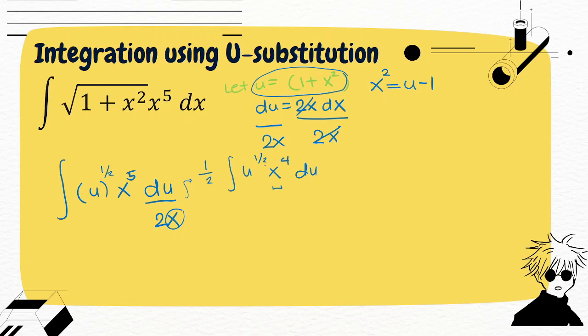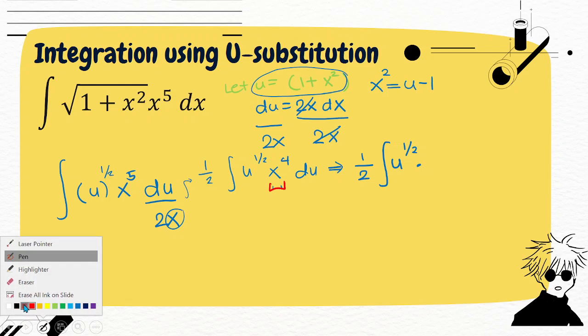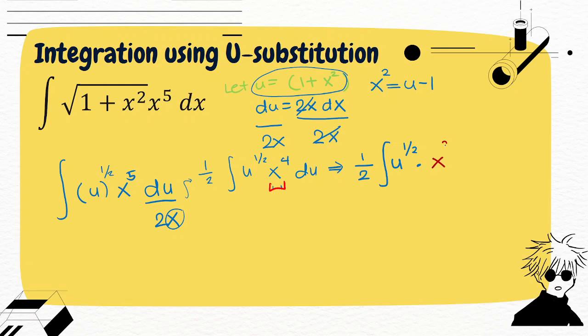Understood? And x raised to 4 is equal to what? x squared times x squared, right? So basically, 1/2 times the integral of u raised to 1/2 times... I will now rewrite x raised to 4 as x squared times x squared du. Since our variable of integration is u, we replace x squared with u minus 1. Right?